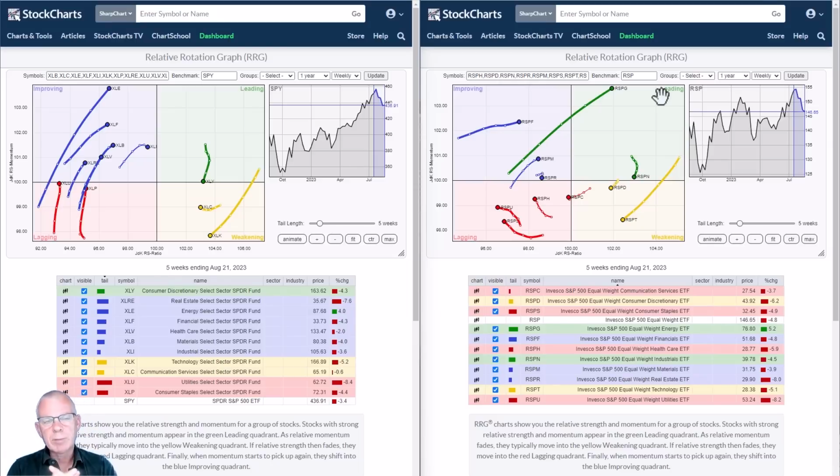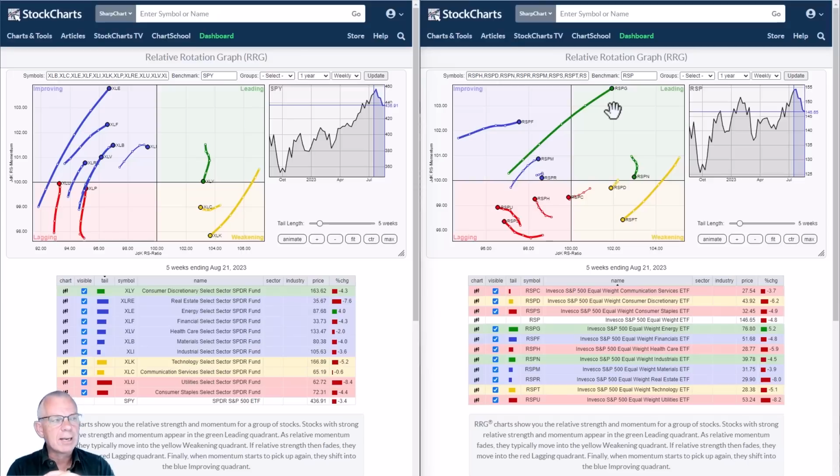It actually dawned on me, how would it be if we did not look at them like that, but put them on top of each other and looked at the ratios? So look at every individual sector, like XLE compared to RSPG, and plot that on an RRG.